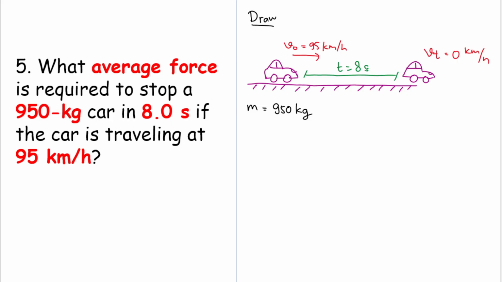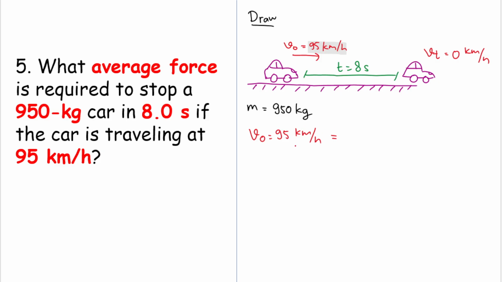And I think we can calculate the deceleration, right? Because it starts from moving and it stops. It decelerates, right? I think we need to convert this into SI units, which is meters per second. Let's do it first. We have our V0, 95 kilometers per hour.